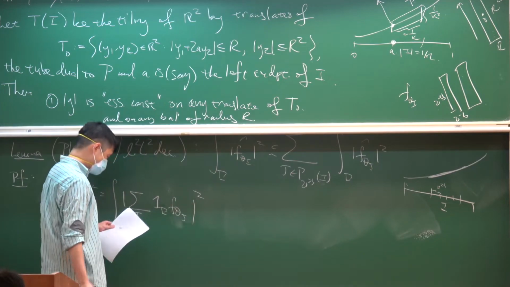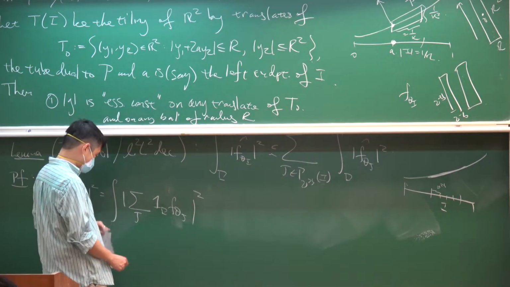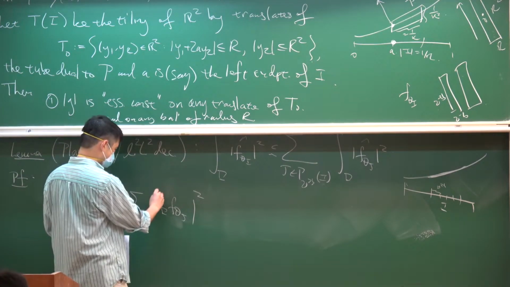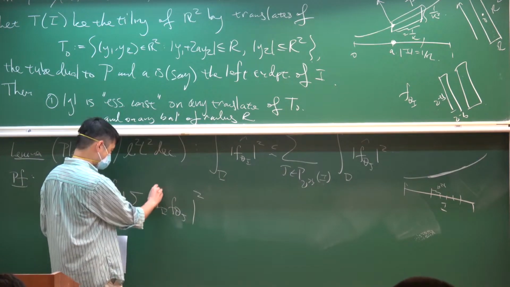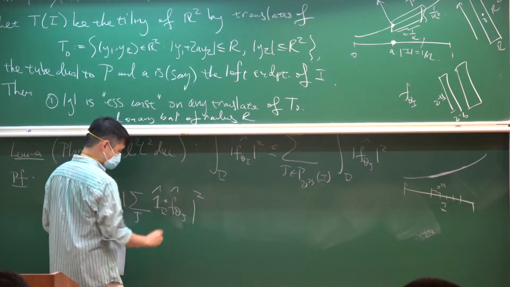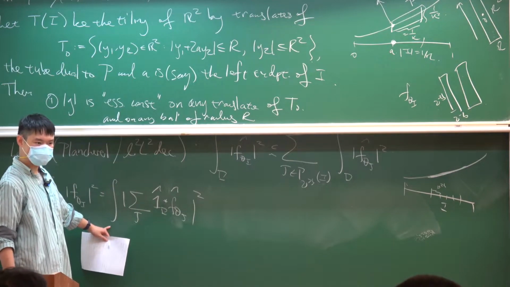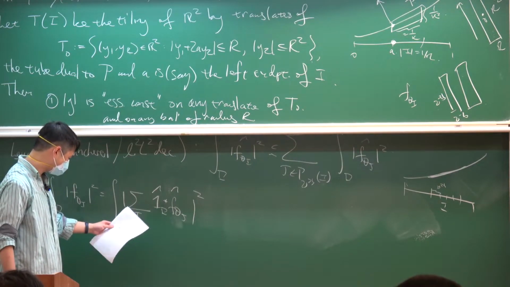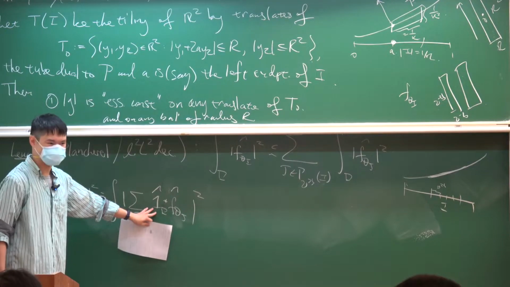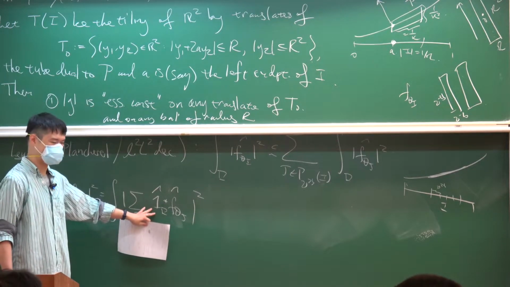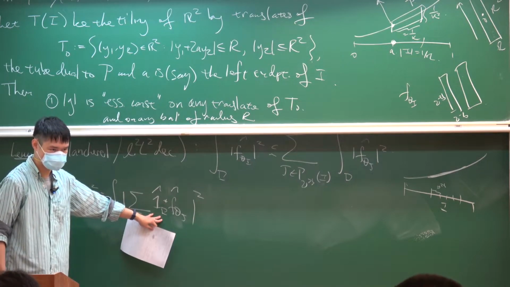Okay, so now it's truly an L2 norm, so I can take a Fourier transform. When I take a Fourier transform, I add a convolution. Now let's be a little heuristic, because this is really a sinc function. But let's imagine we had a Schwartz function adapted to the box.